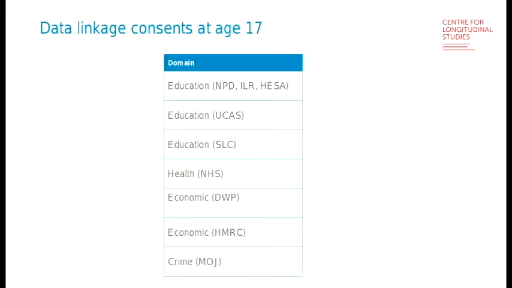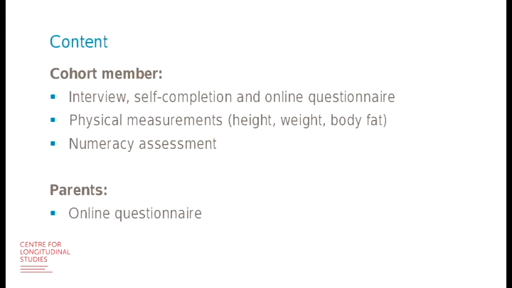So in terms of content, as usual, we've used a wide range of instruments. And as those of you who are familiar will know, as the cohort members have got older, they've been able to take a greater role in responding to the survey. At MCS 7, at this sweep, the cohort members are actually responding to the majority of the questions.